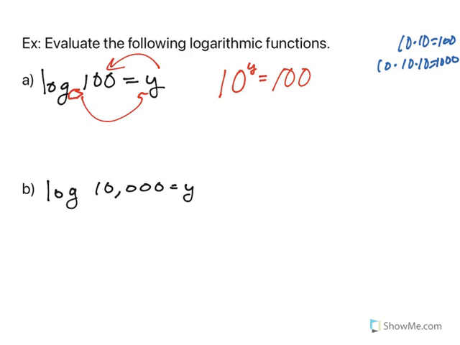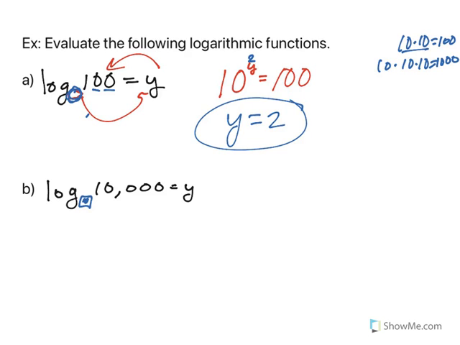Every time we multiply by another 10, we get another 0 at the end of our answer. So 10 squared gives us 100, so y equals 2. I also like to say, if I have 2 zeros, that means y is 2. Again, this only works for common logs when our base is 10.